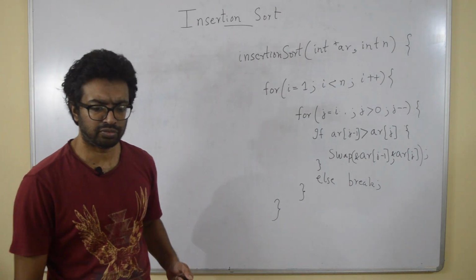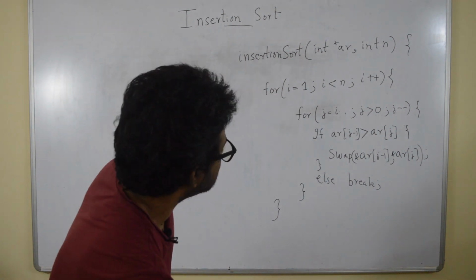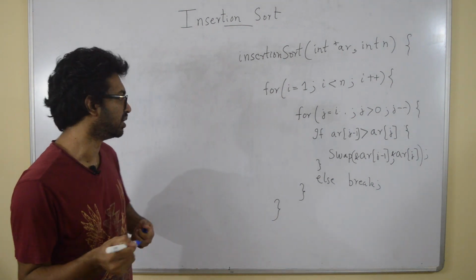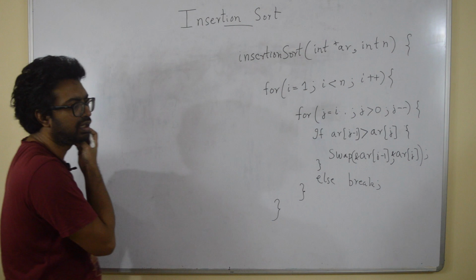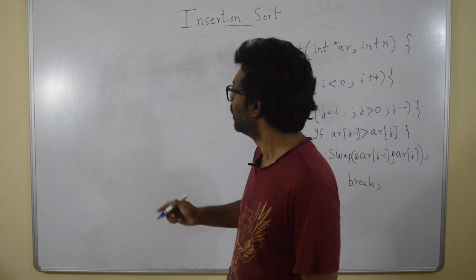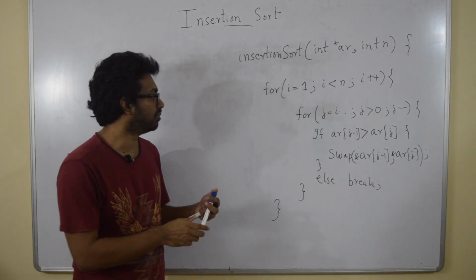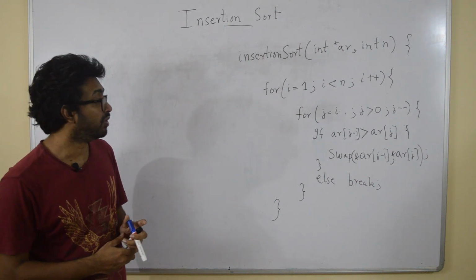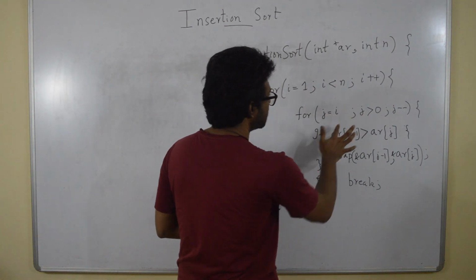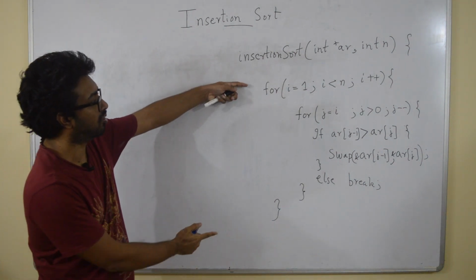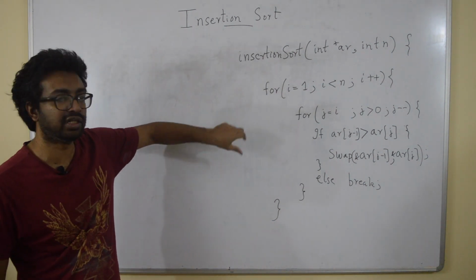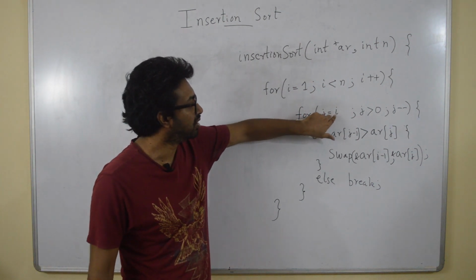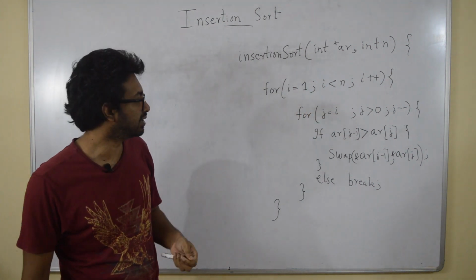If you want to work this out, let's quickly go through it and see whether this is what we are interested in. Before we go into an example, let's try to analyze its running time. We have seen this kind of analysis. The outermost block is going to take order n steps, and the inside block, we always have to analyze the worst case running time.